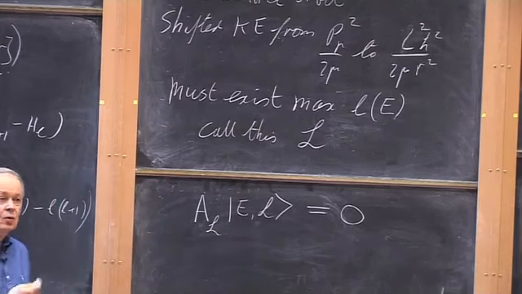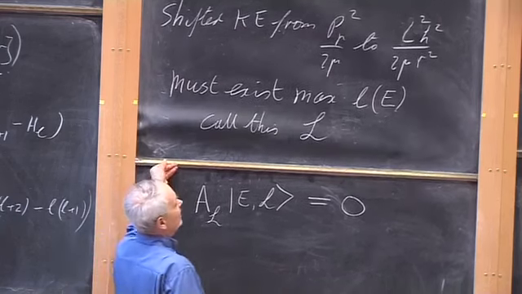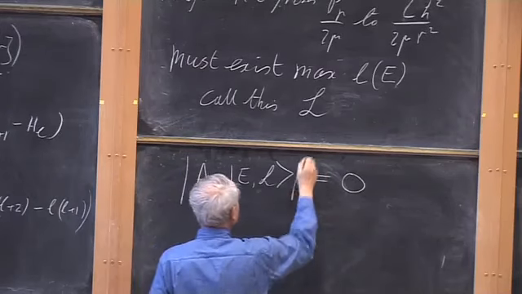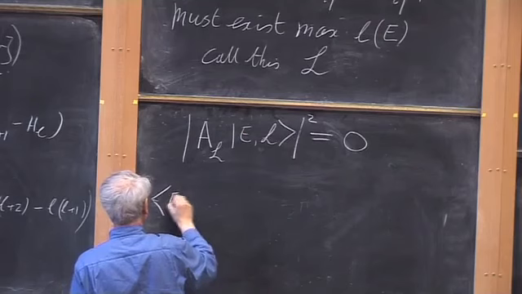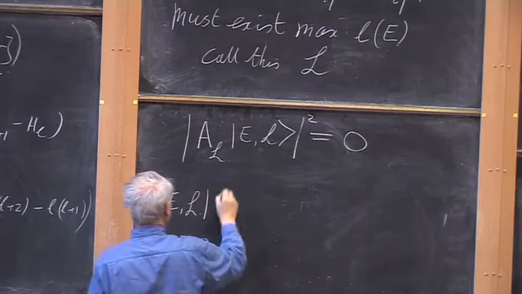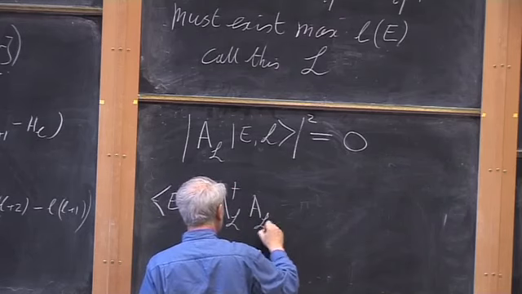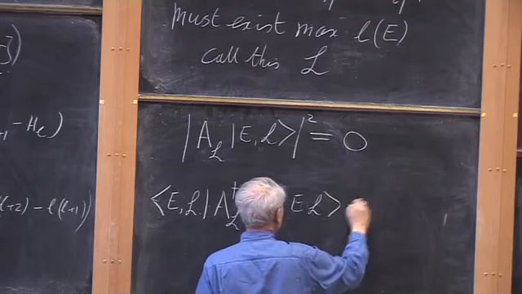We've used this argument twice before, once in the harmonic oscillator case, and also in the case of the angular momentum operators. What we mean by nothing is that the mod square of this is nothing. That maps to the bra E, curly L, A_L dagger A_L, ket E, curly L, is naught.